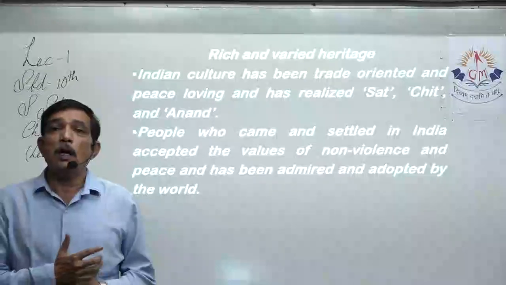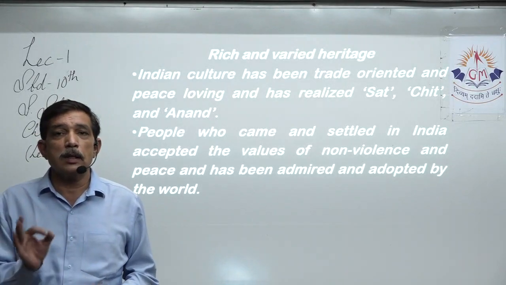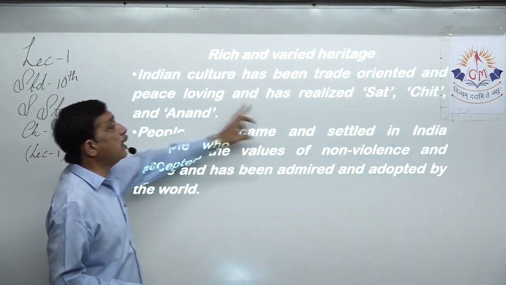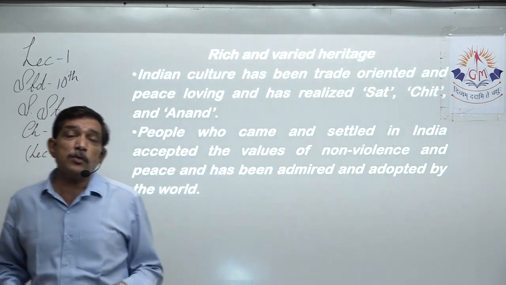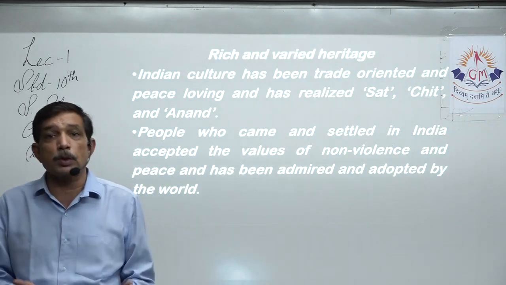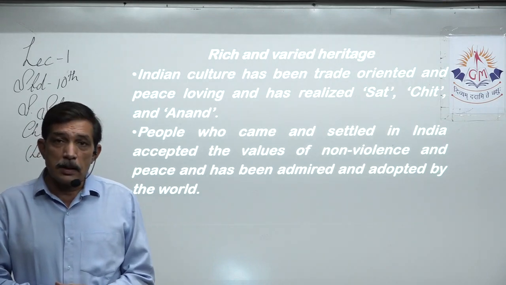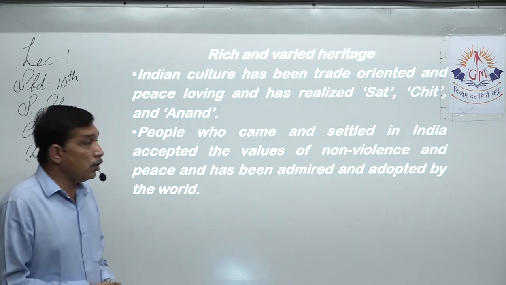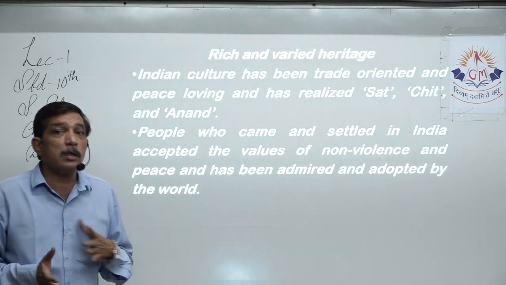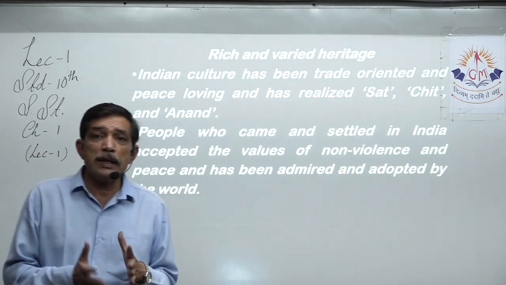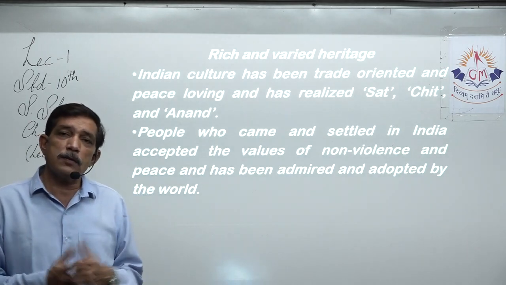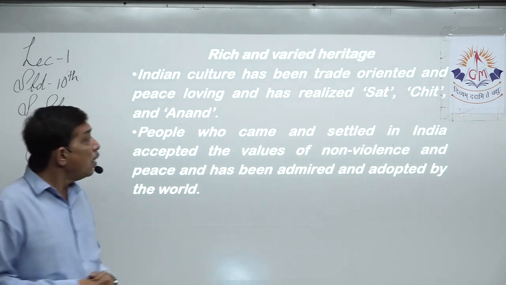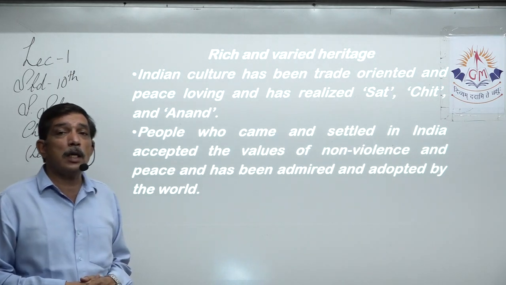So the concept of Sat, Chit and Anand is to be understood over here. We have realized, that means we have come to know the truth about three things. One is Sat, one is Chit and one is Anand. The complete meaning of Sat, Chit and Anand is not given in the material or in the textbook also, but we need to understand these three words.